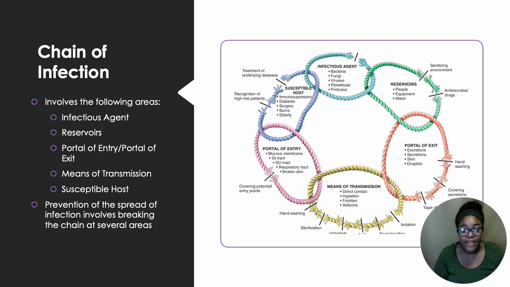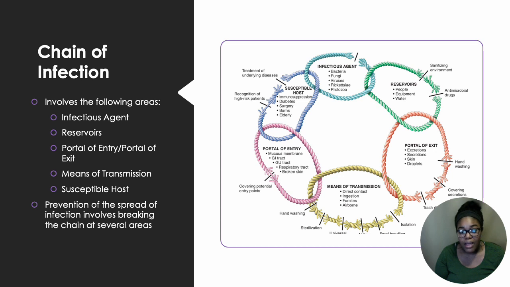You have the portal of exit, and this is anything that leaves the reservoir. So that can be through secretions, bodily fluids, droplets, excretions, anything that comes out of the host or the reservoir, excuse me, would cause the spread of this infection.